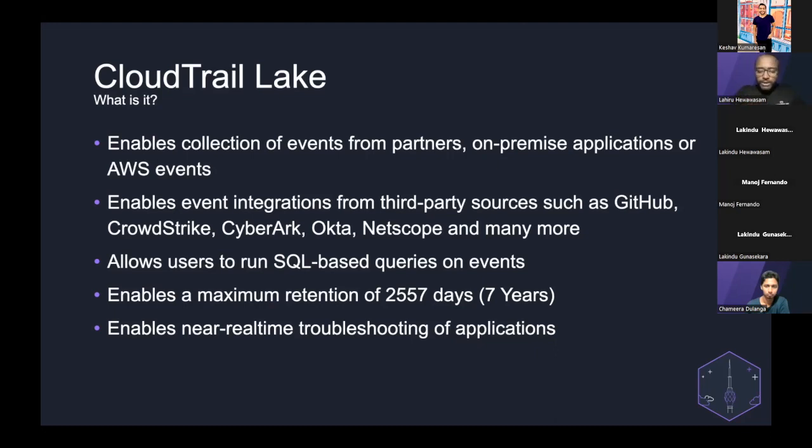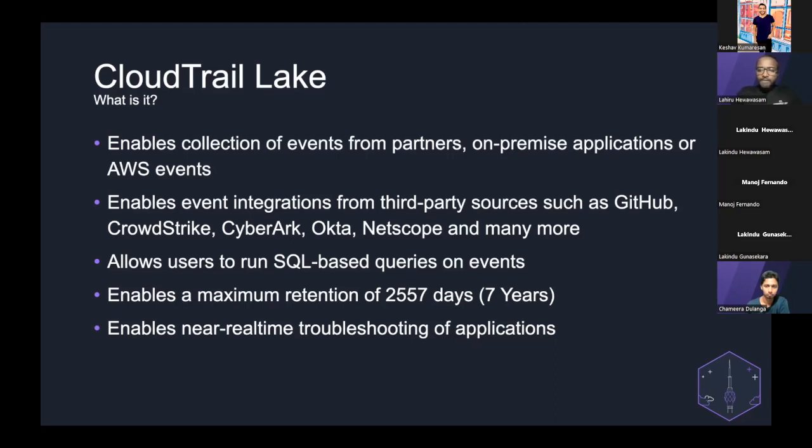So if you log into the console, head over to Data Lake, CloudTrail Lake. From there, you can see third-party integrations or third-party sources. You have a list of third-party sources that you can configure and integrate into CloudTrail Lake. The significance of this is that it allows users to use SQL-based queries and to actually search events, right?